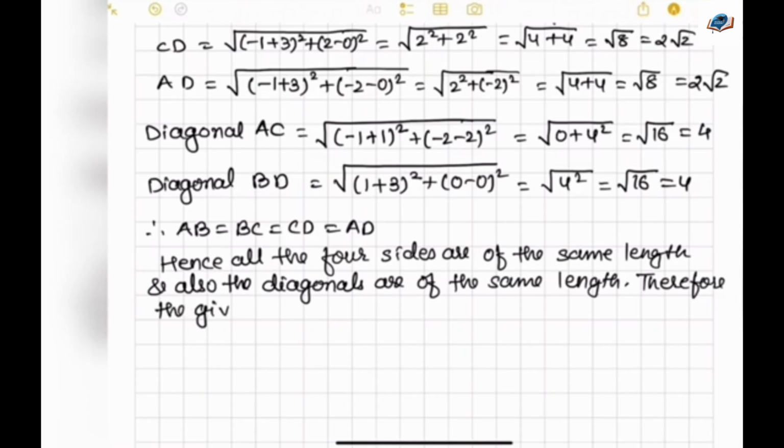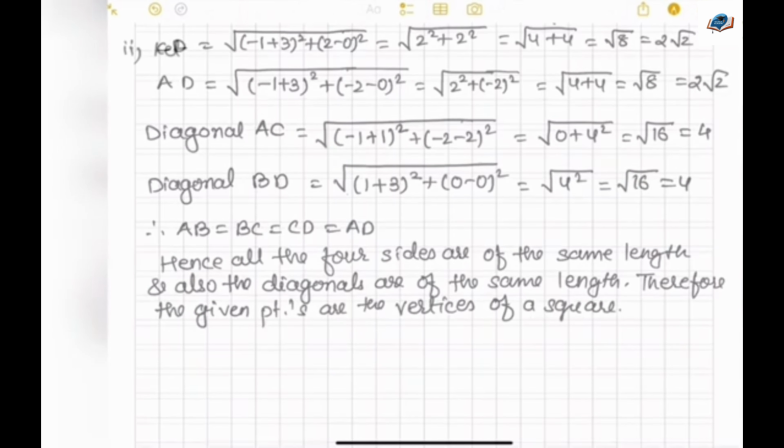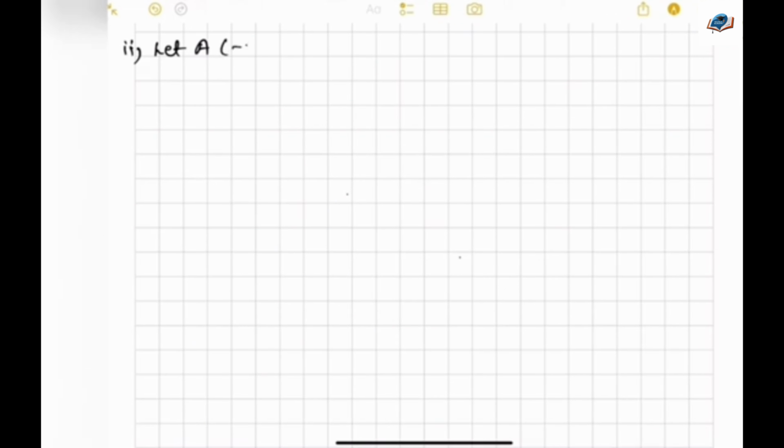Therefore, the given points are the vertices of a square.